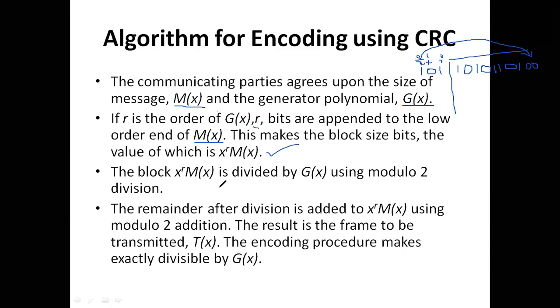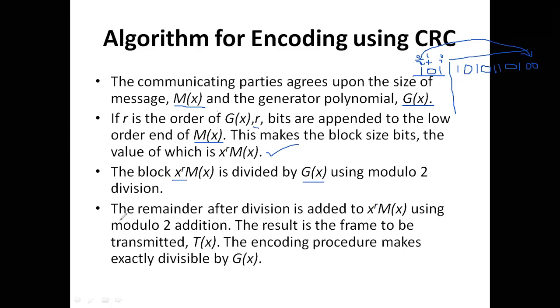Next, the third point: the block x power r m of x is divided by g of x. 1010110100 is the message we have to divide by the polynomial 101, using modulo 2 division. That is the third step.